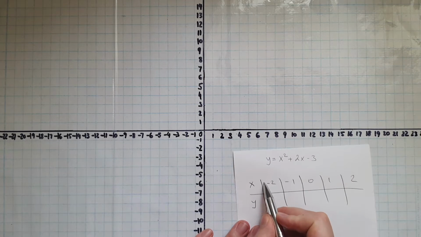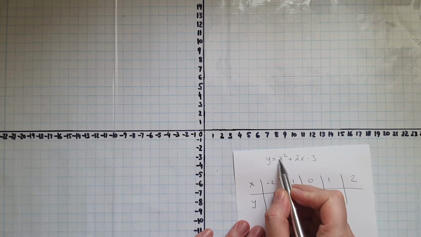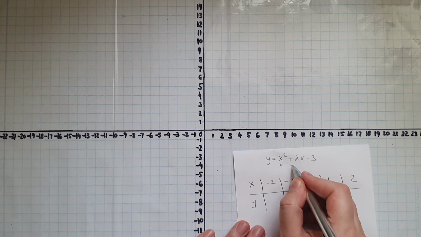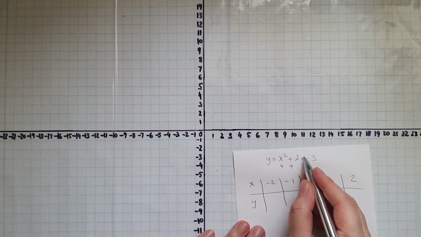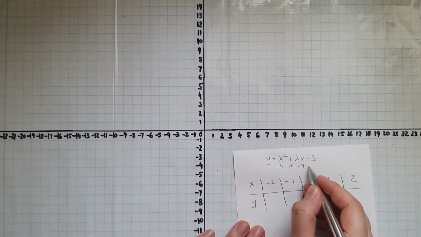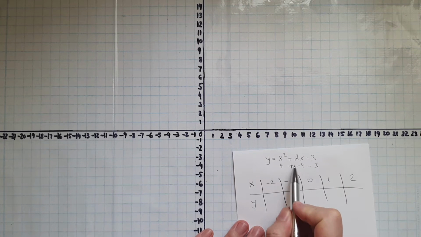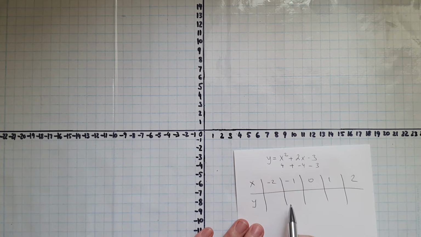So when x is -2, we go -2 squared, which is 4, add 2 lots of -2 is -4, take away 3. So 4 take away 4 is 0, take away 3, that gives us -3.